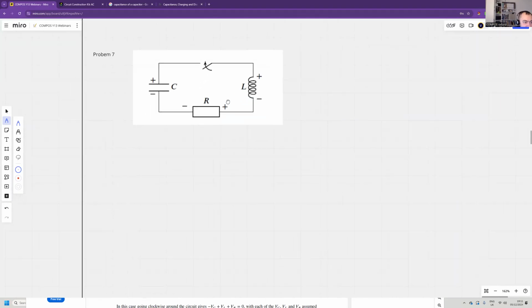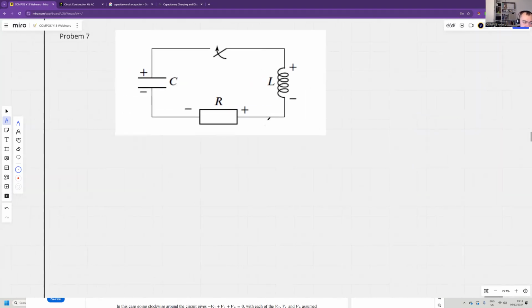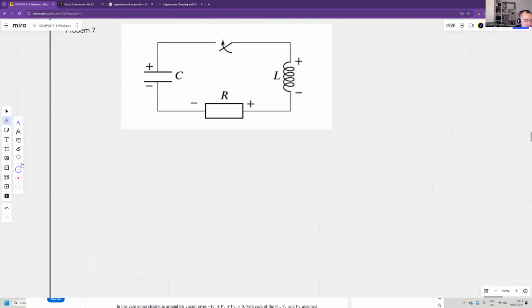Okay, so here I just want to discuss briefly how to deal with this and write a differential equation. Here we can use Kirchhoff's second law, and we can write that the voltage on the capacitor plus the voltage on the resistor plus the voltage on the inductor is 0.